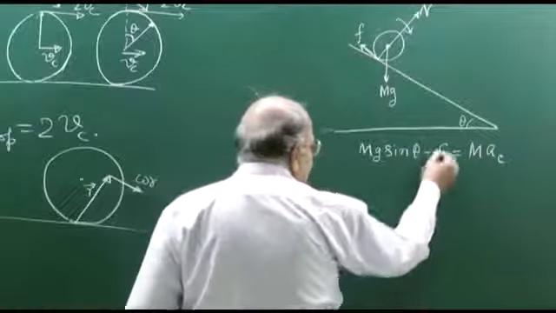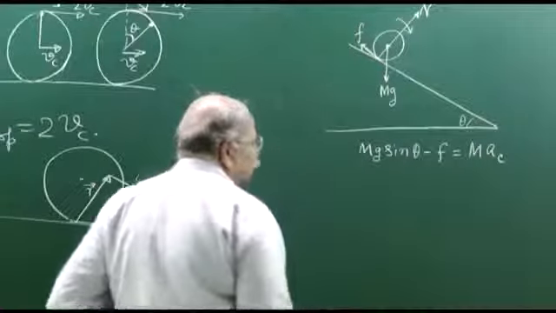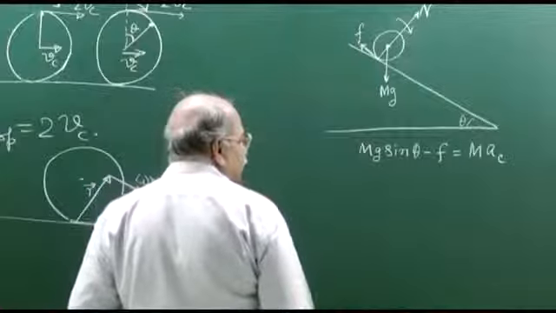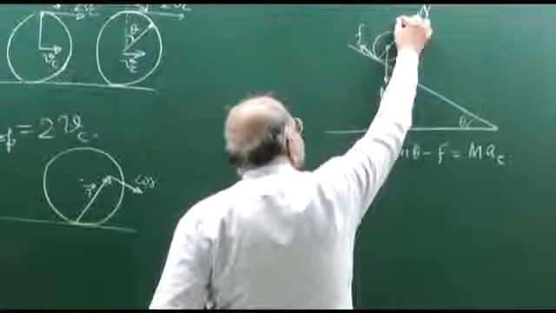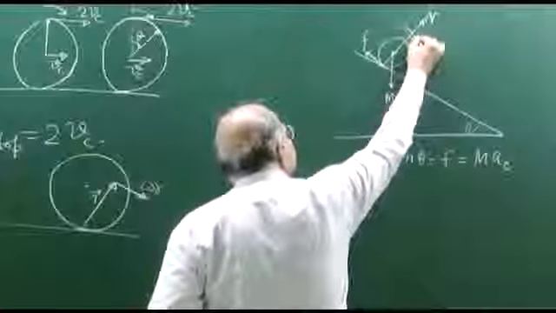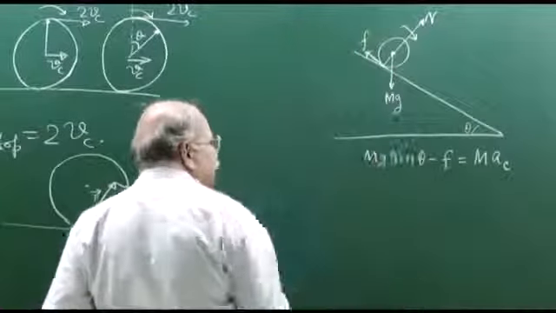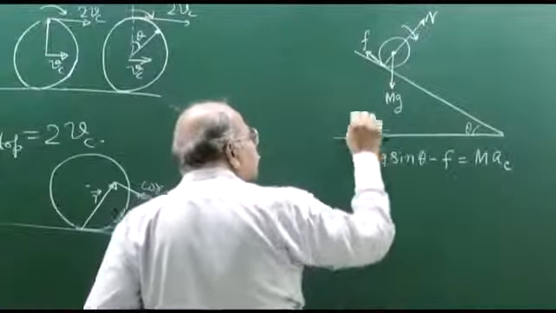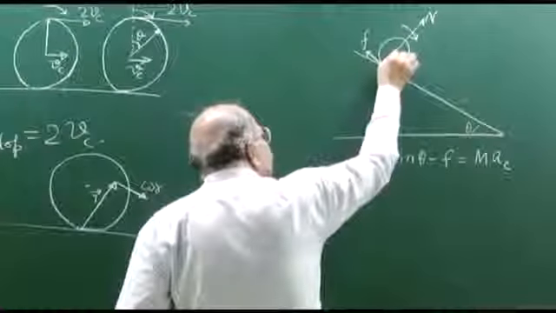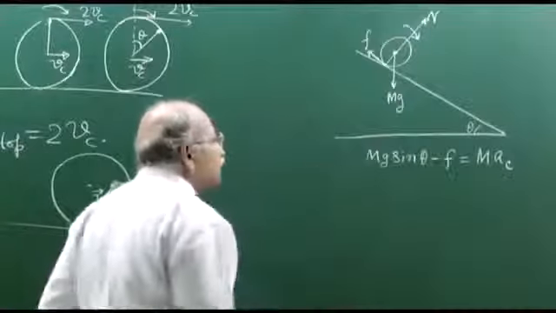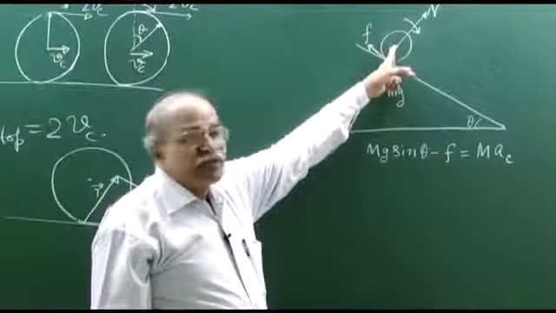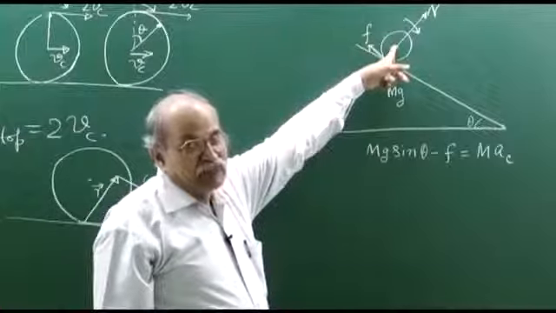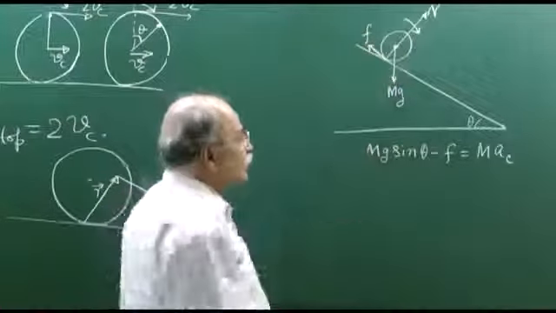But then what is this f? To get that, you have to also look at the angular acceleration or angular motion and consider the torque about the center of the ball. The torque of mg will be 0 because it passes through the center.